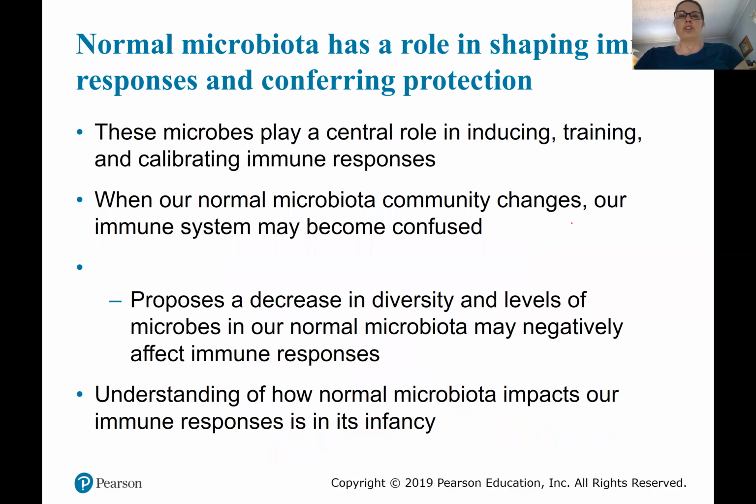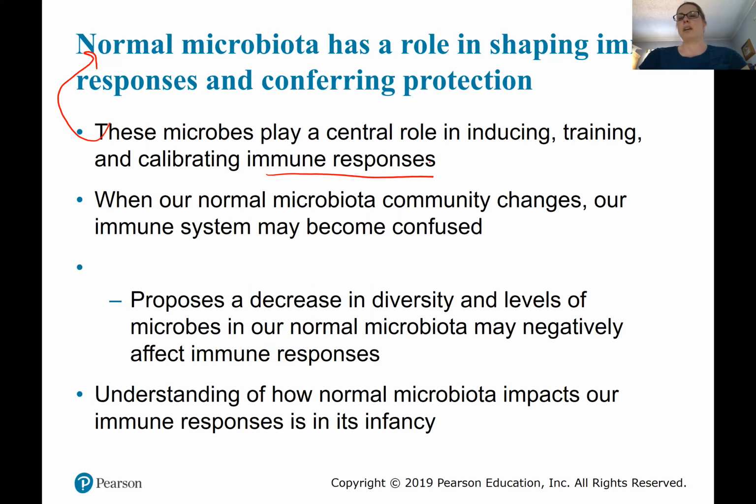Okay, so we've talked a lot about this semester our normal microbiota. We know that they outcompete pathogens, and they're really good to help. We have really good relationships with a lot of them as long as they stay in the right place and in the right amounts. Okay, we don't want them to get overloaded too much. But these normal microbiota play an important role in training and getting our immune system built up.